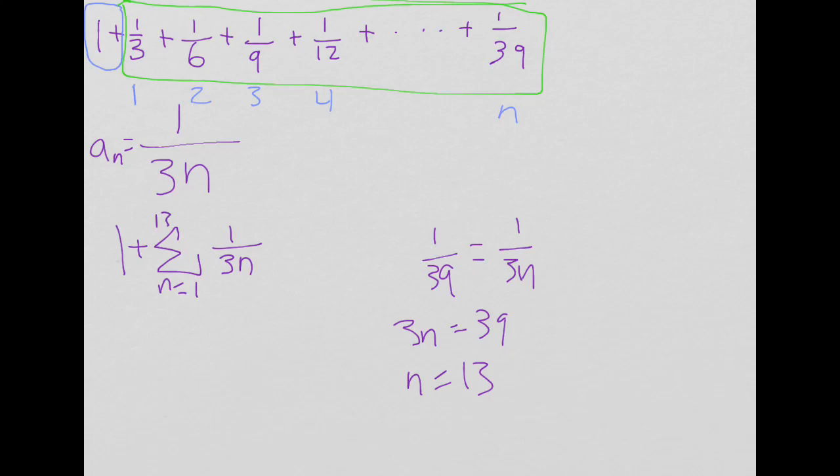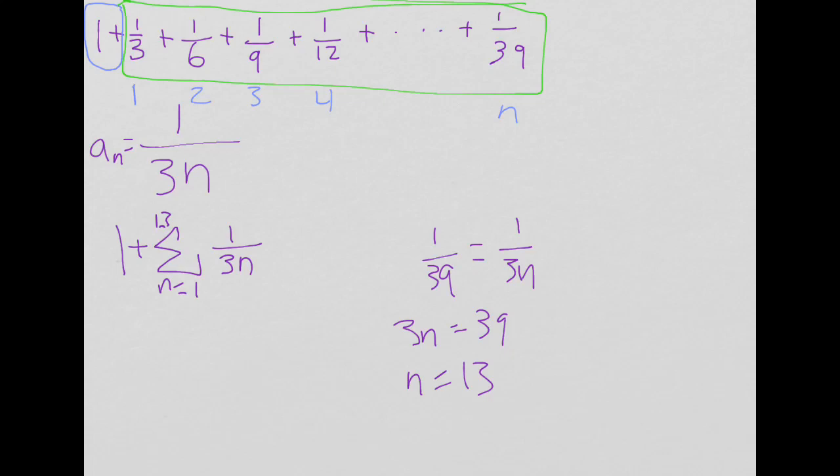So if we're clever, we can write our series as 1 plus the series from n equals 1 up to 13 of the general term 1 over 3n. Doesn't look like we normally have it, but there you go nonetheless.